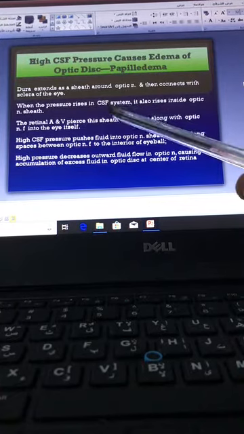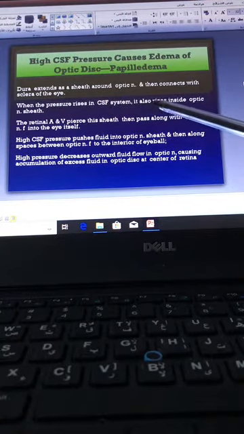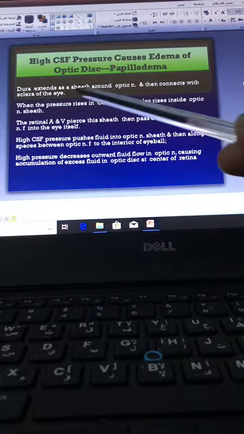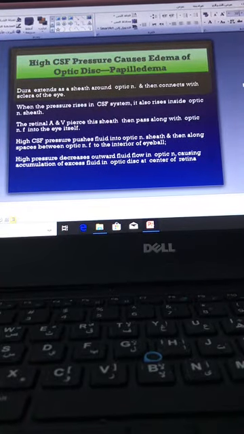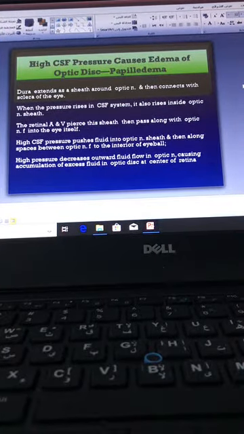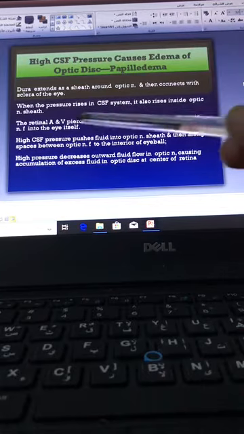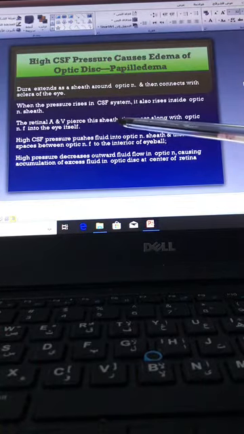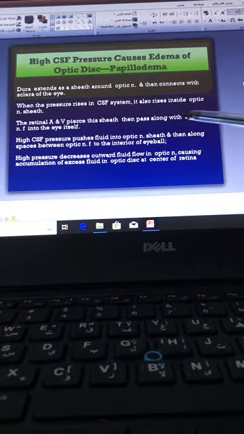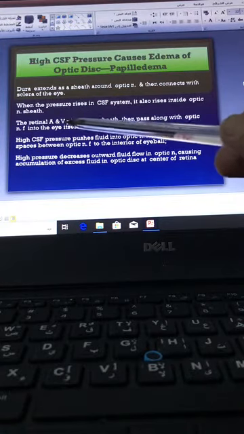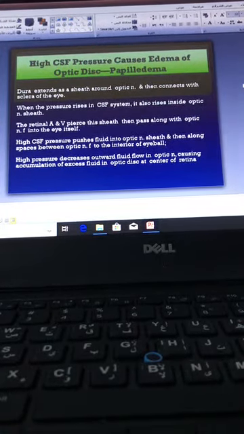When the pressure rises in the CSF system, it also rises inside the optic nerve sheath, since it is continuous with the CSF. The retinal artery and vein pierce this sheath, then pass along with the optic nerve fibers into the eye itself.